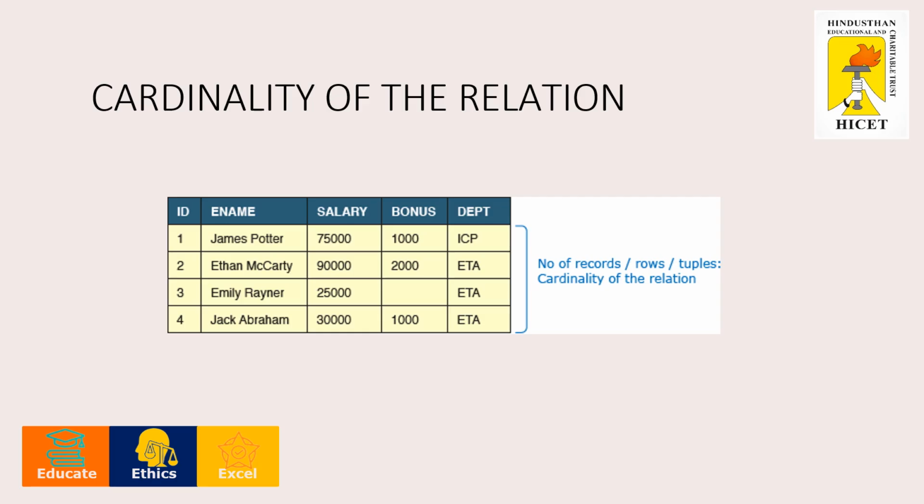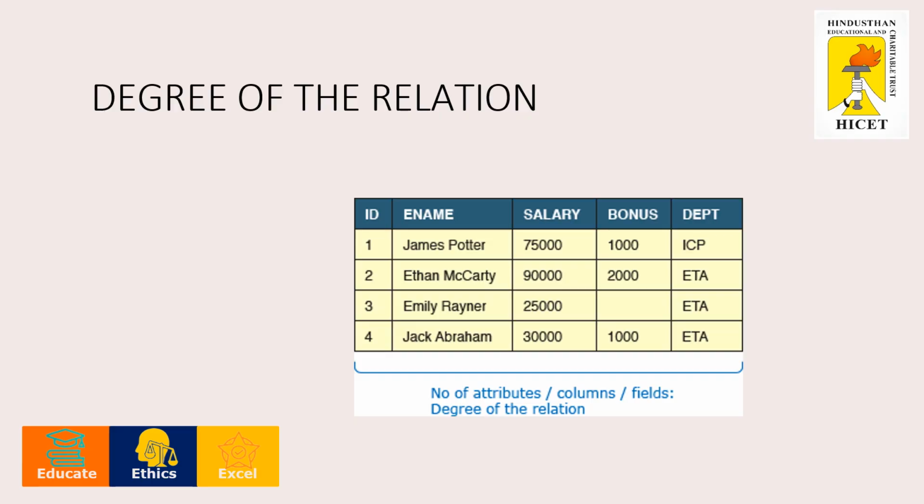Next comes the degree of the relation. Degree of the relation refers to the number of columns of a particular table. In this table, the columns are ID, e-name, salary, bonus, and department. So it comprises 5 columns, which means the degree of the employee table is equal to 5.